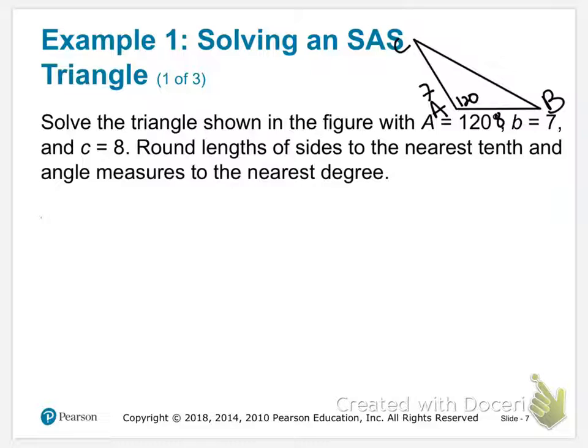Okay, that's what your picture should look like. So it begins by saying solve the triangle shown. Round lengths of the sides to the nearest tenth.